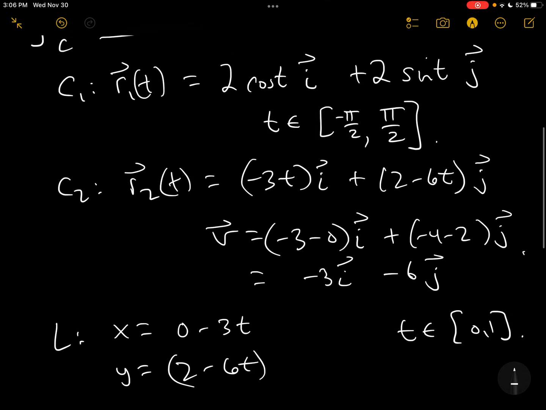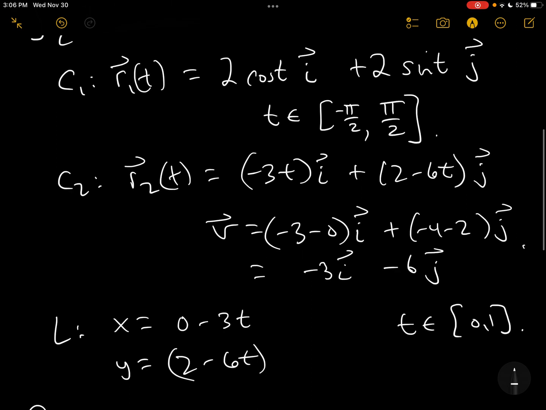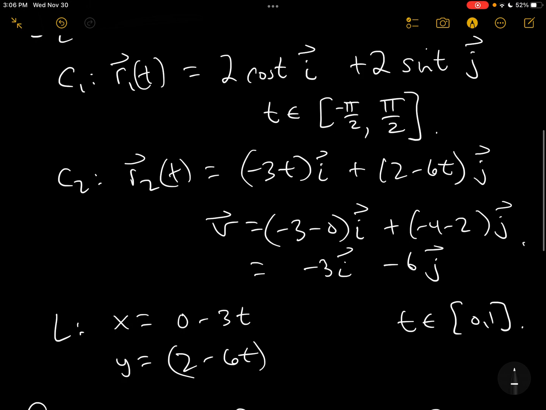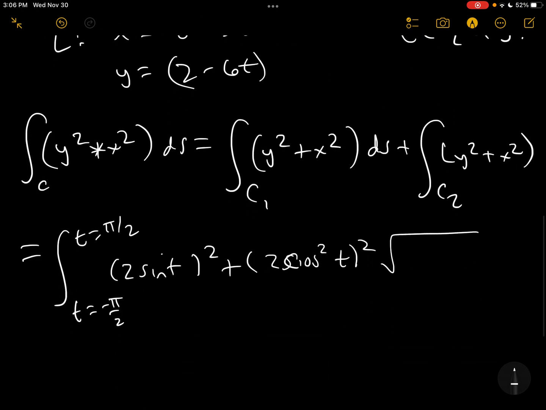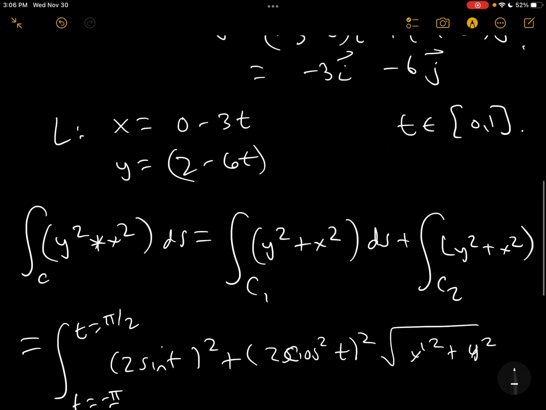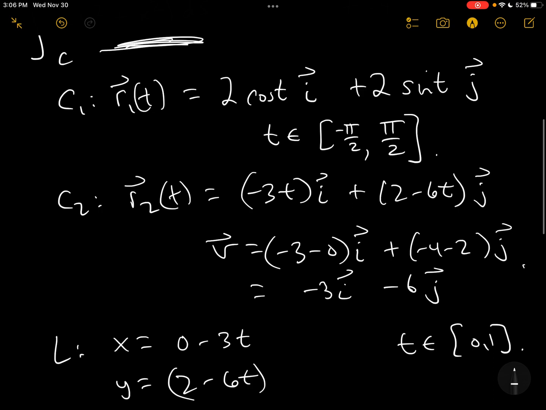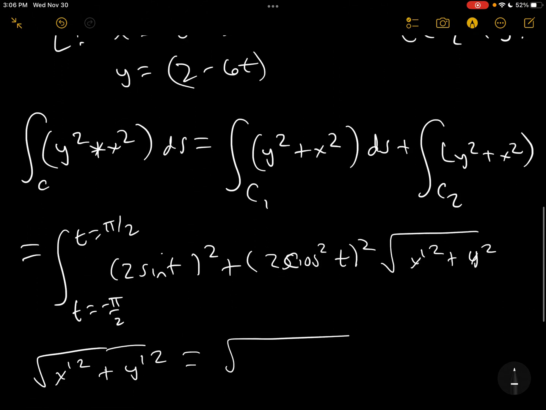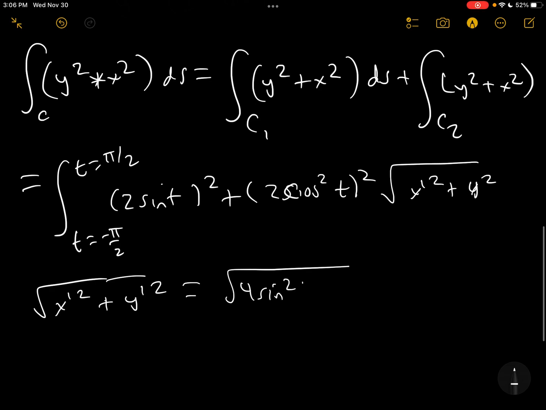This guy, which is, what is it? It is 2. Or is it root 2? Let's see, hold on. So the derivative: x prime squared plus y prime squared. x prime is minus 2 sine, so 4 sine squared, plus 4 cosine squared.